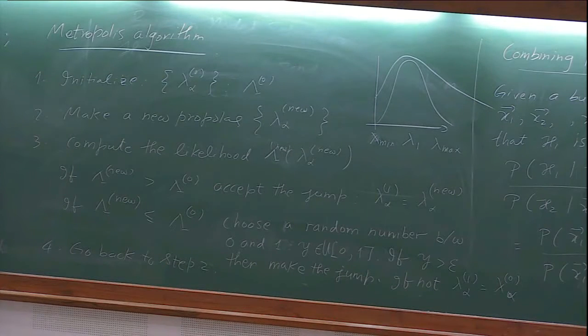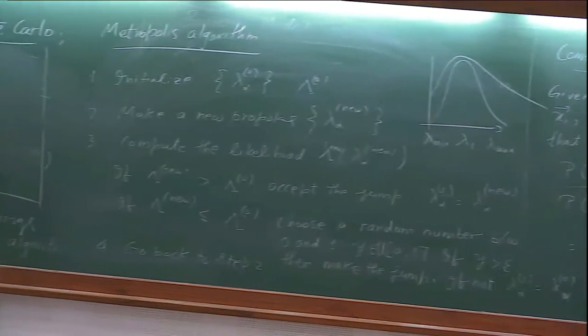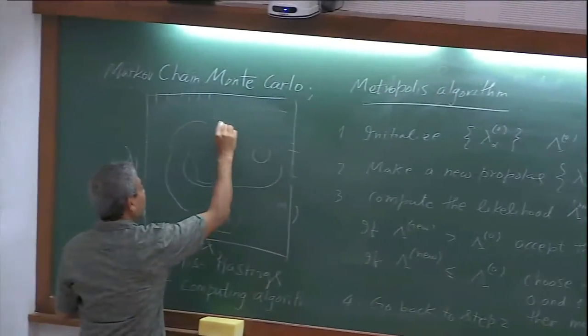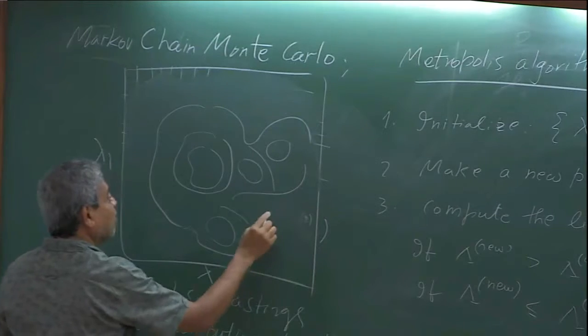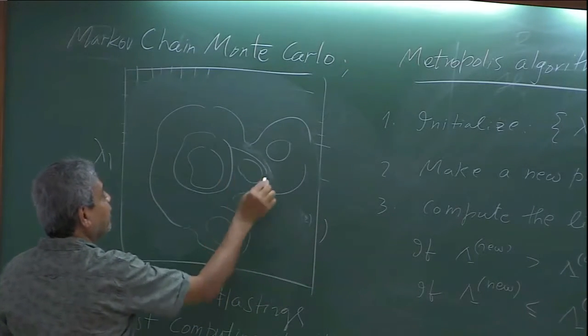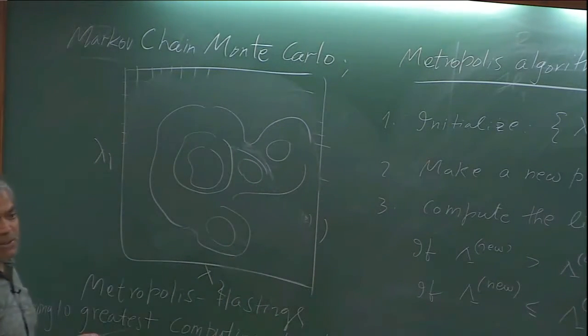Namely, let me erase this, use the same diagram, lambda 1, lambda 2. These might be now contours. They may not be simple like this. There may be some other thing here, and so on. It may be a surface like this.